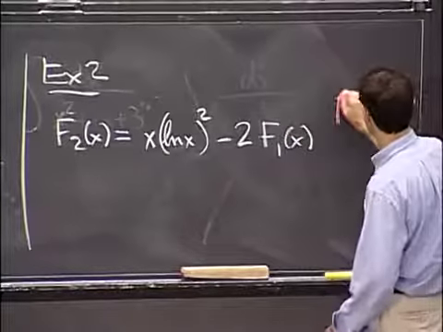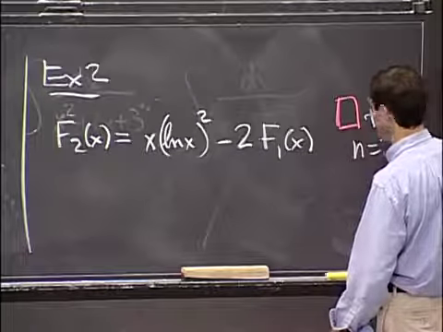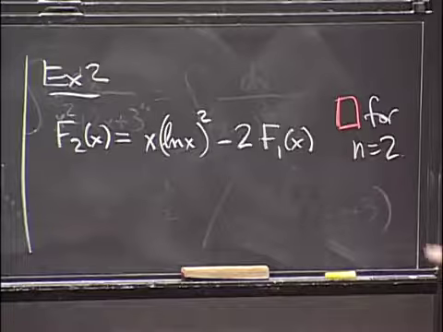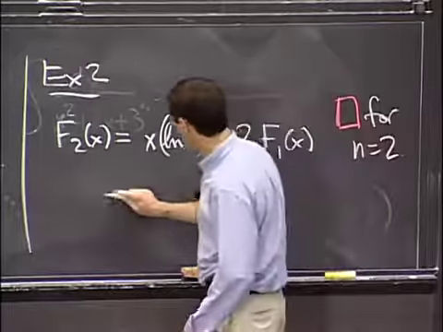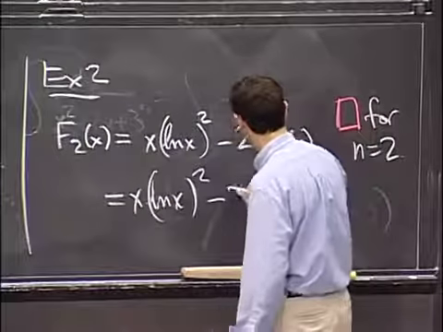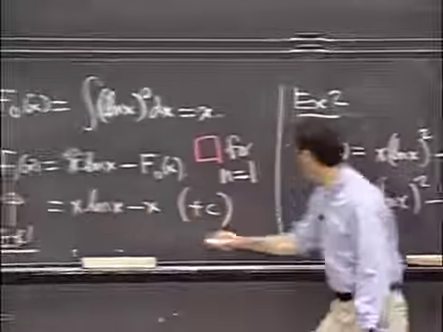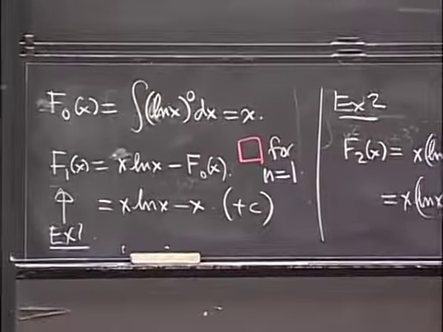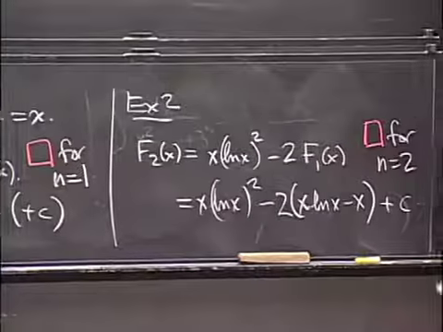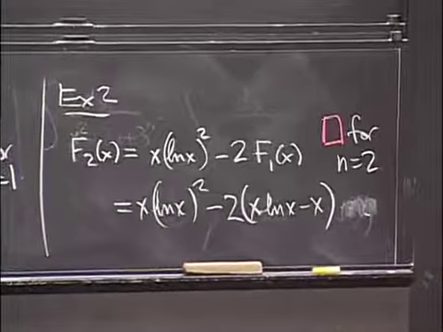Again, this is the box for n equals 2. And if I plug it in, what I'm getting here is x log x squared minus twice this stuff here, which is right here, x log x minus x, if you like, plus c. So I'll leave the c off. Okay?